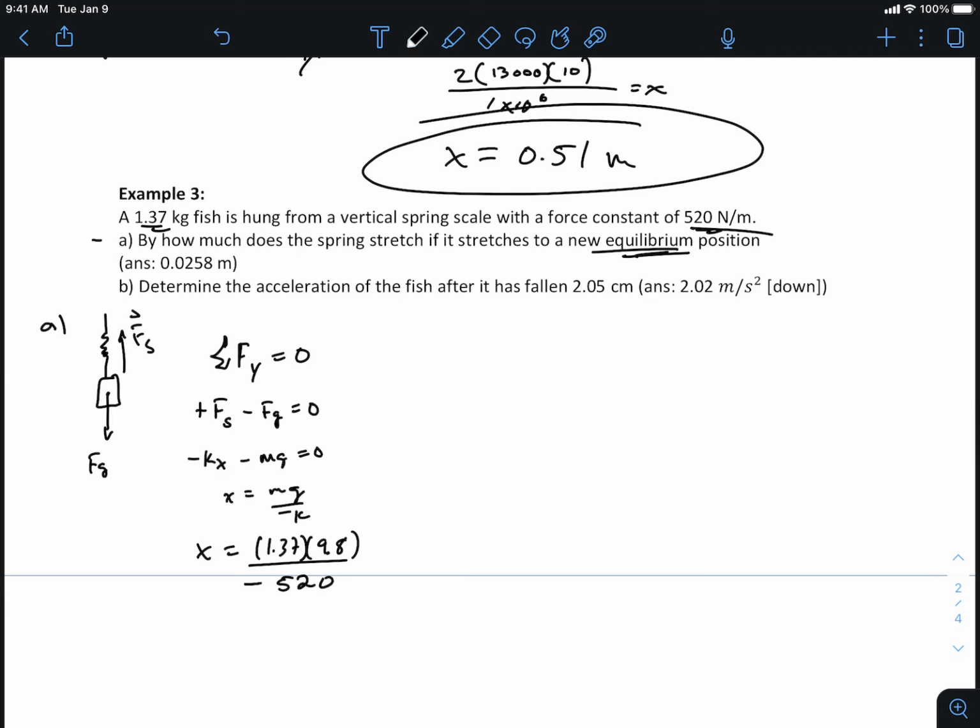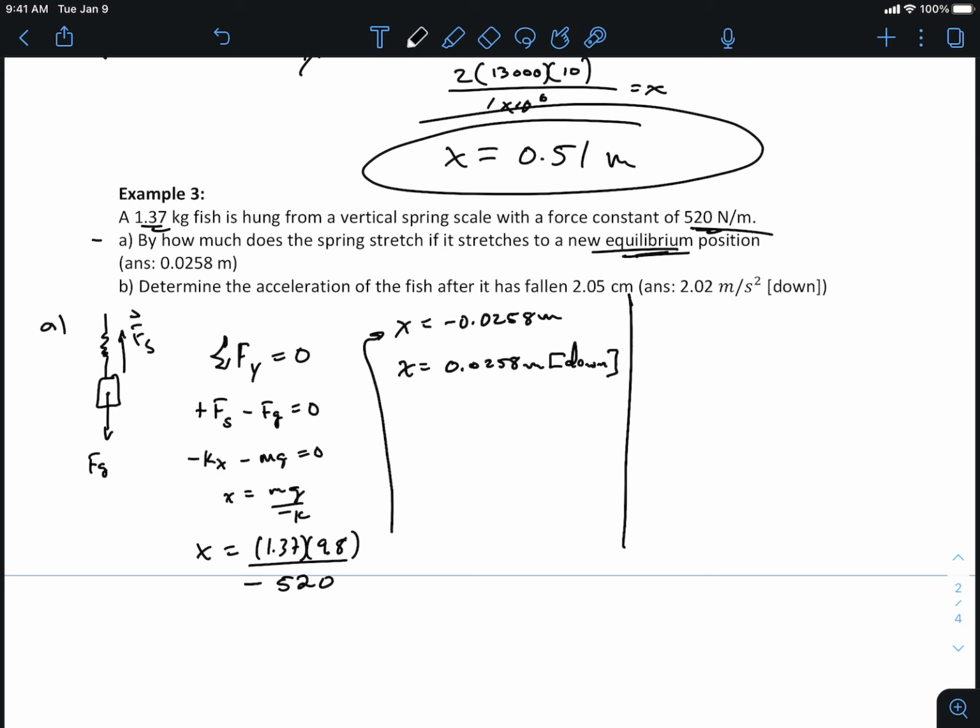Okay, so you just do the math and you'll see that x equals negative 0.0258. Right? And so we know that that is 0.0258 meters down.